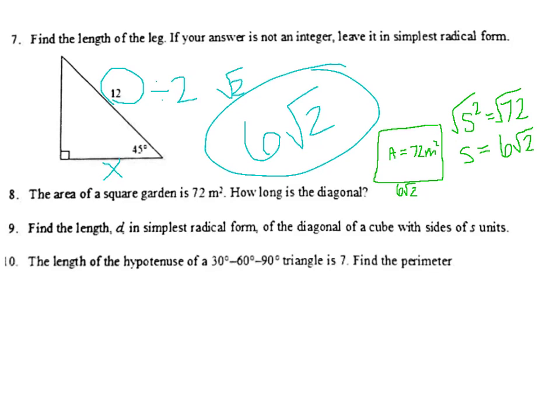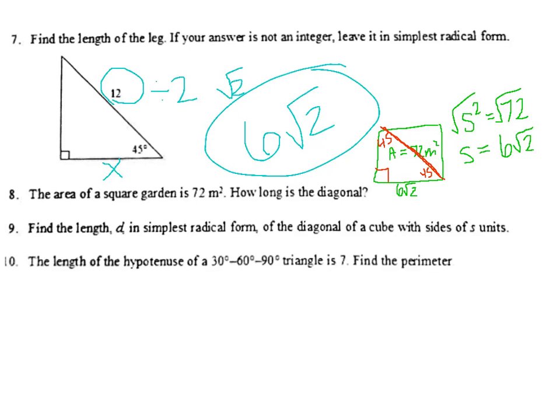But in the question, they ask you to find the length of the diagonal. I know that this is 90 degrees here, and when I put this diagonal into my square, I'm creating a 45, 45, 90 triangle. So I can use my simple rules, or I can use trigonometry to determine what the length of that diagonal is.